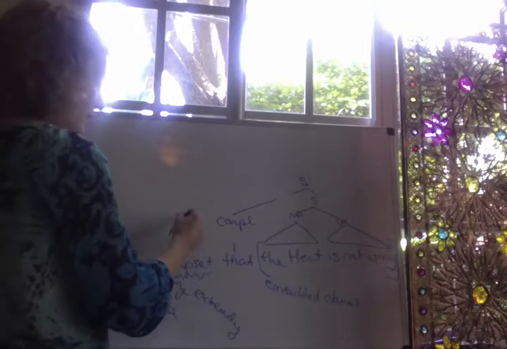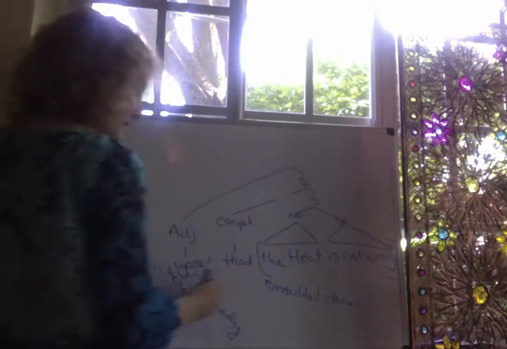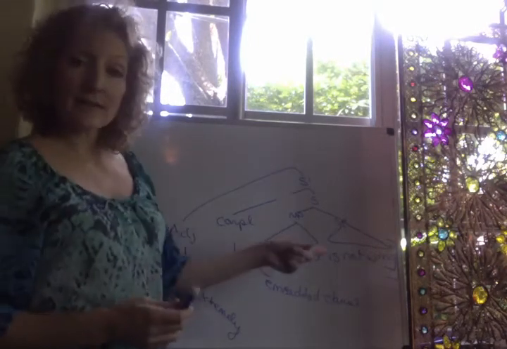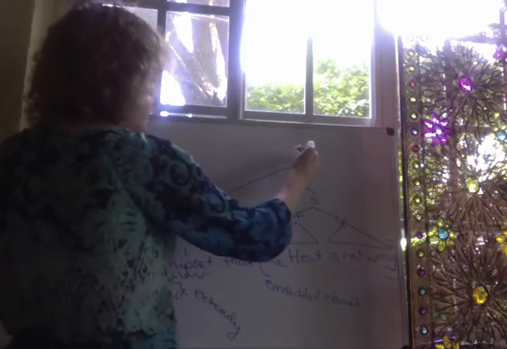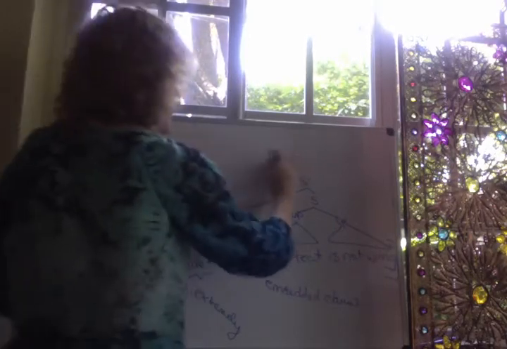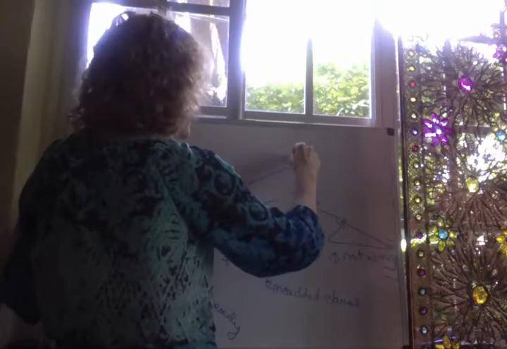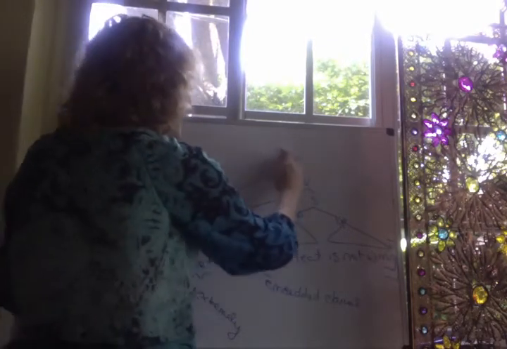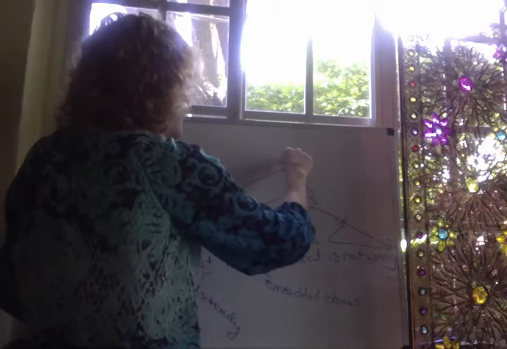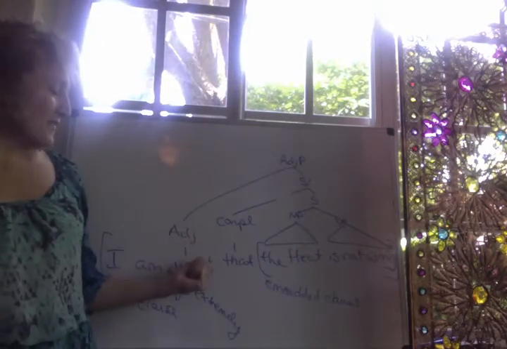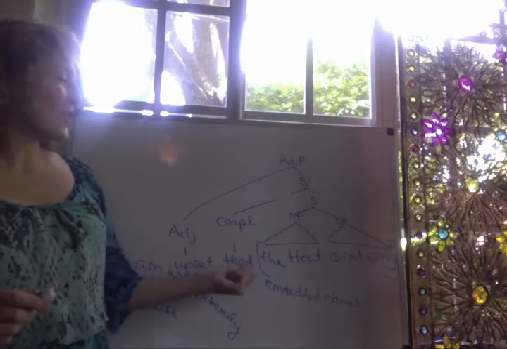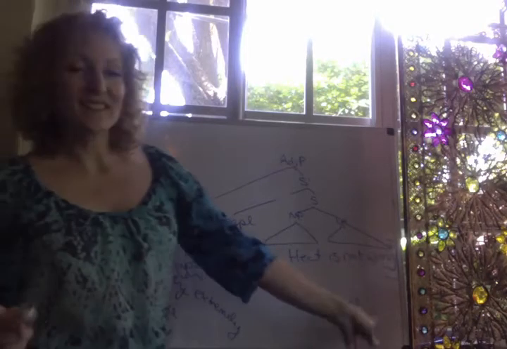So because of that, we're going to say that in this instance, upset as an adjective is taking the embedded clause as its complement. And therefore you're going to have an adjective phrase comprised of the adjective upset plus the complement clause that the Heat is not winning.